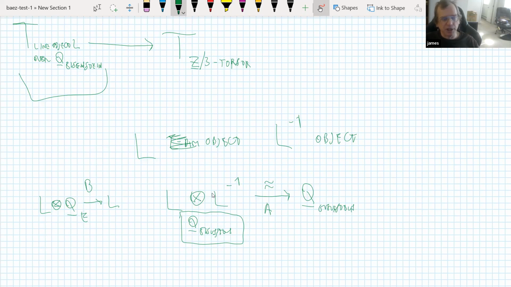I think we're going to end up thinking of a Z mod 3 torsor over the base field as being a Z mod 3 torsor over the base field augmented by the Eisenstein, and then equipped with something else. We may secretly be using the method of descent here. I'm not quite sure yet.